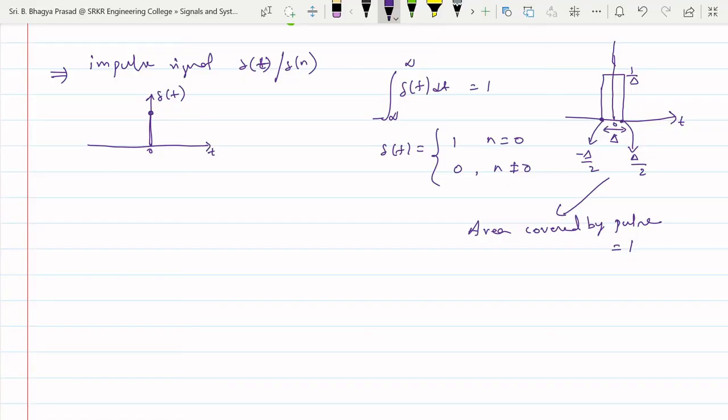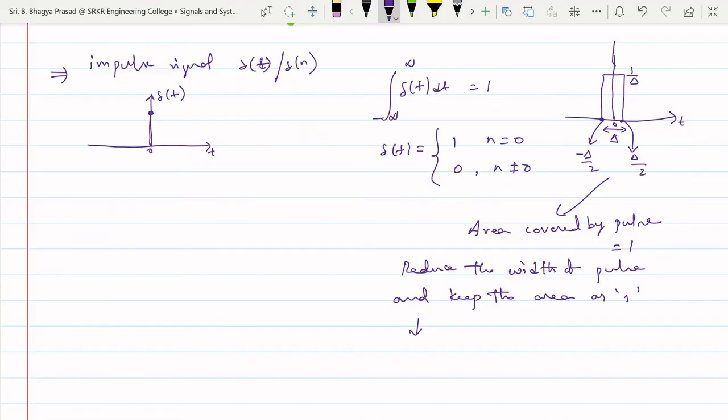So let me reduce the width of the pulse and keep the area as 1. For that you have to increase the height.